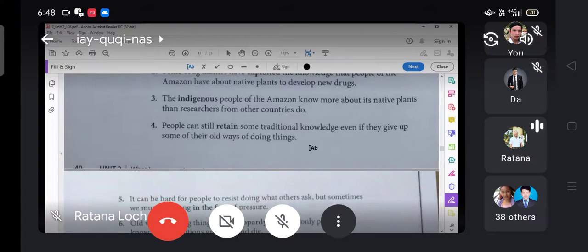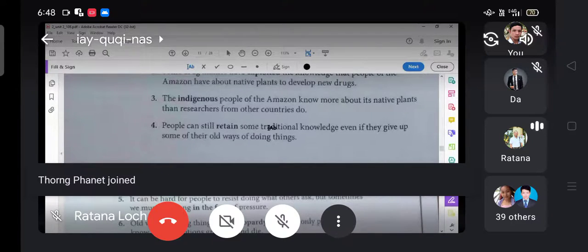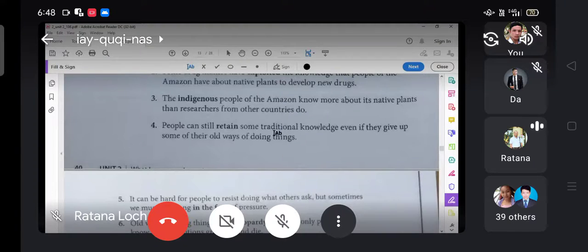Indigenous means they are not migrants from other places; they have been living there since the beginning. Okay, indigenous people is similar to native people. So can we call it ancient people?